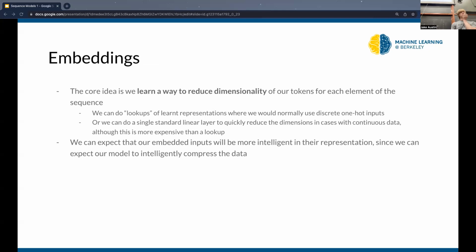I want to make sure I understand your question fully. You mentioned that you will create a better representation, like cat and dog close together. But how does it know if it's better? It doesn't know. We're just hoping that it's better than one hot code. It doesn't actually have one hot coding as a comparison.